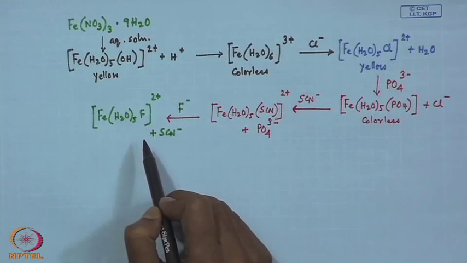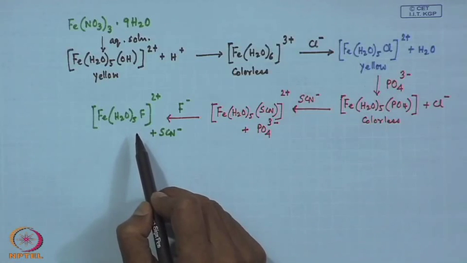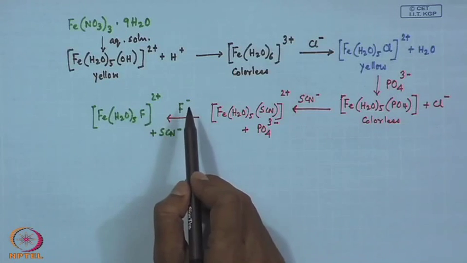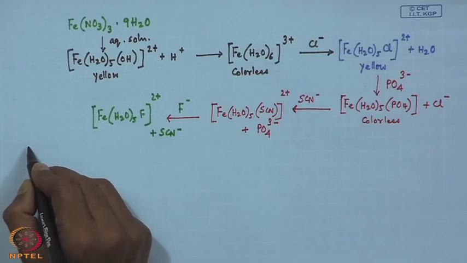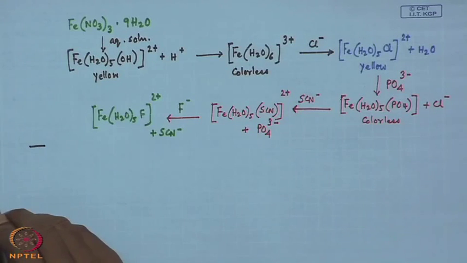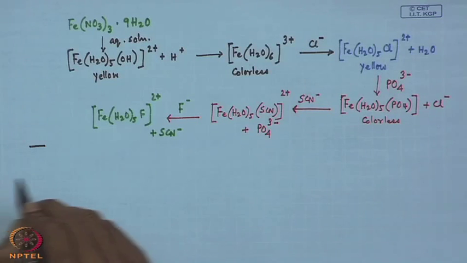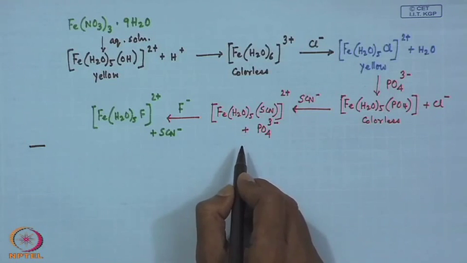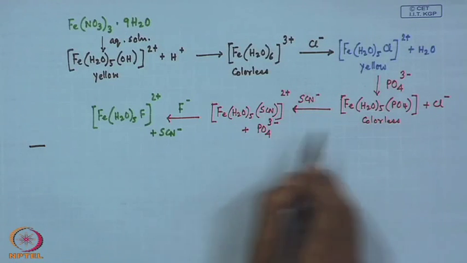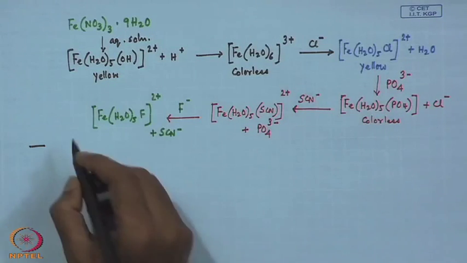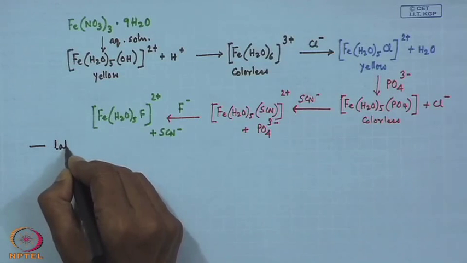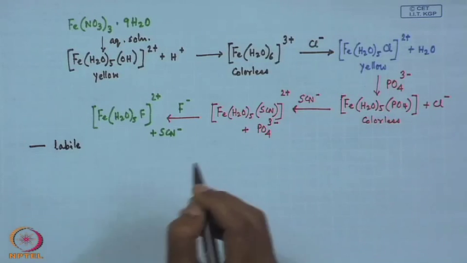So, we have given some examples of these metal complexes and their corresponding ligand substitution reactions, one after another. And how do we follow these reactions? If we can monitor what is forming, and whether some intermediate is forming during all these reactions, by monitoring the corresponding lambda max values, that means the spectra, for the formation of the different species, we find that all of these compounds are labile in nature.